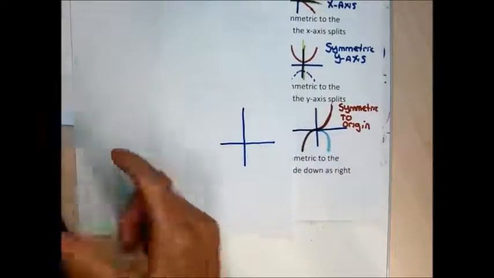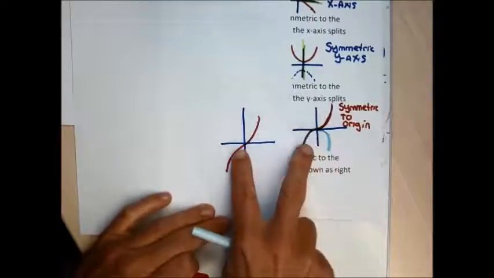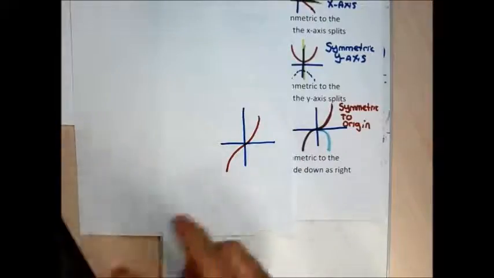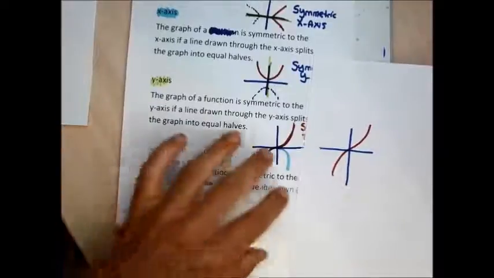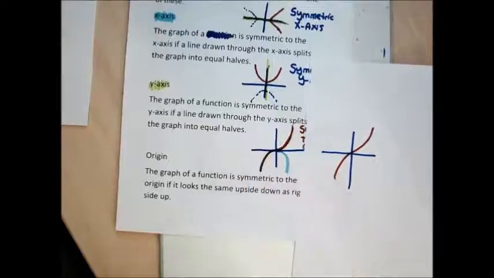So this graph right here in red, I say is symmetric to the origin. So these are supposed to look the same. They kind of look the same. Watch what happens when I take this and turn it over. When I take this graph and turn it over, these two graphs still look the same. If a graph looks the same right side up and upside down, we say it's symmetric to the origin.